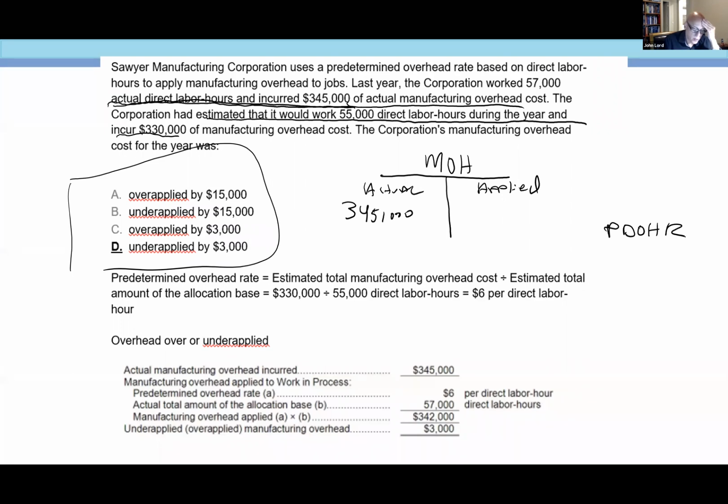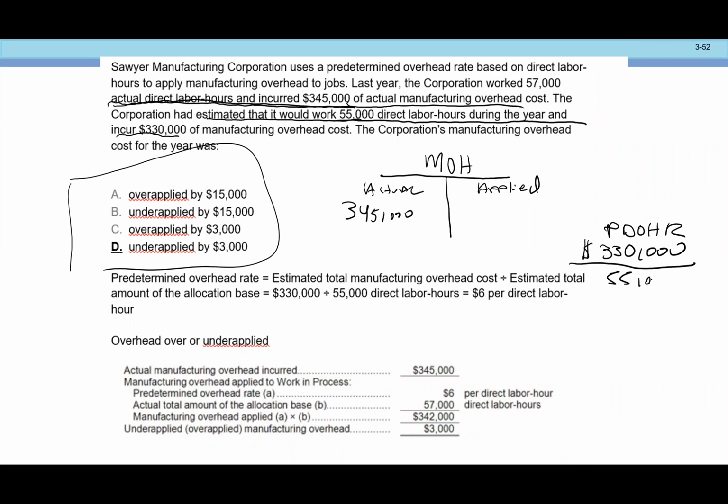Isn't that the logic of the predetermined overhead rate? I don't like to use the term formula. Formulas are more like H2O makes water. This is not a formula. This is an approach. 330,000 is what I estimate my overhead cost is going to be. I estimate that my direct labor hours are going to be 55,000. So that gives me a predetermined overhead rate of $6 per hour.